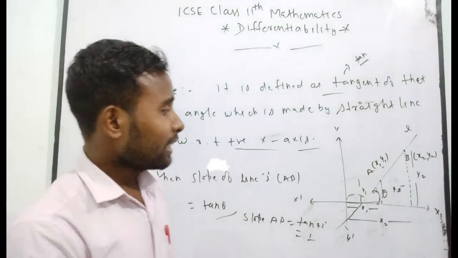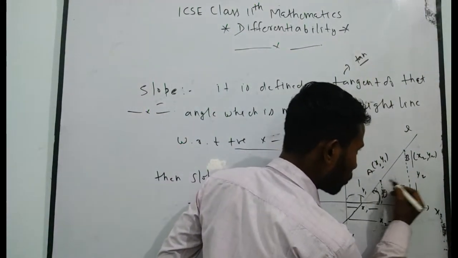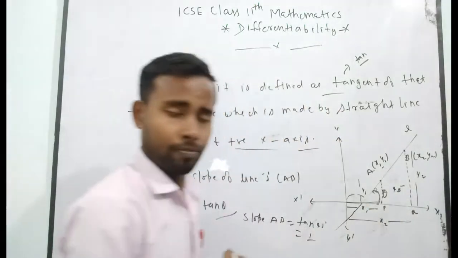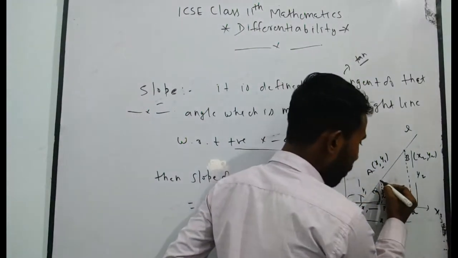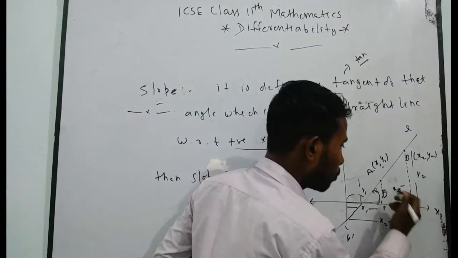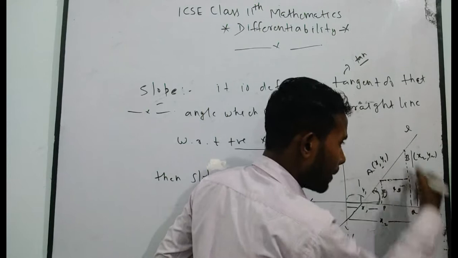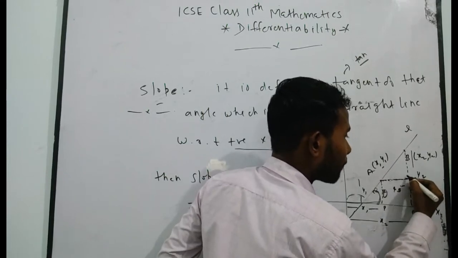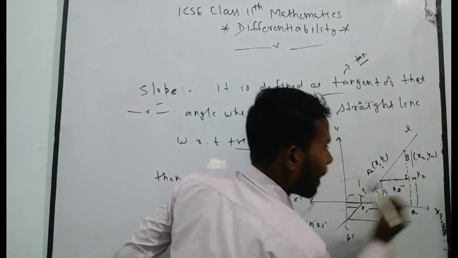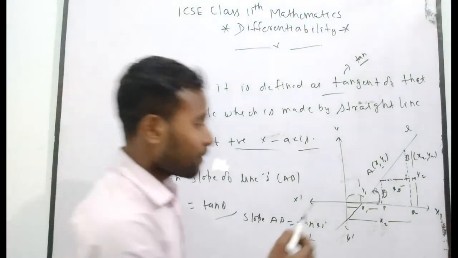Have you understood? In that case, suppose that the feet of the perpendiculars are point P and point Q. Now draw a perpendicular from A to BQ, meeting BQ at M. In that case, this angle will be 90 degrees, and as you know, AM is parallel to the x-axis.